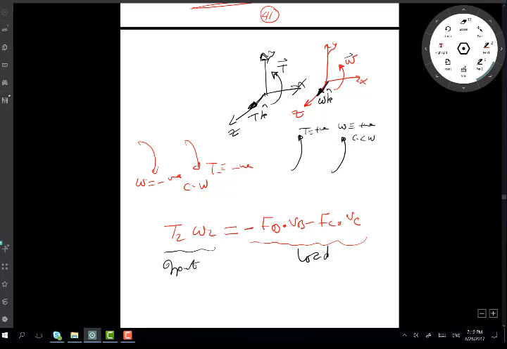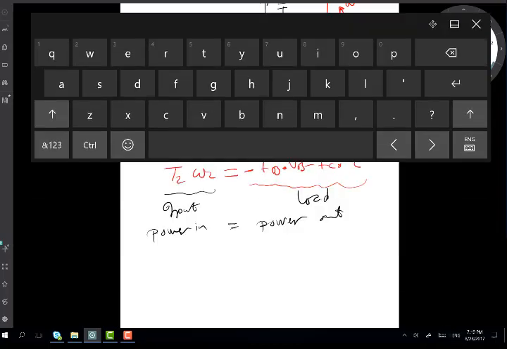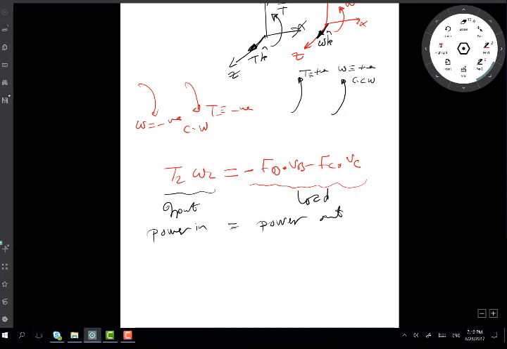That's why many people refer to this equation as power in equals power out, and this sort of equation actually comes from the virtual work method.